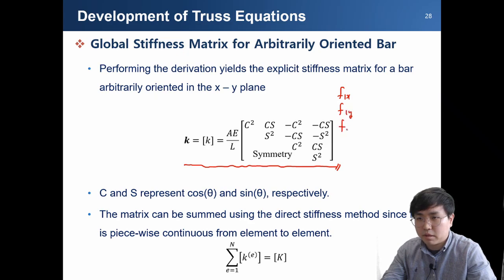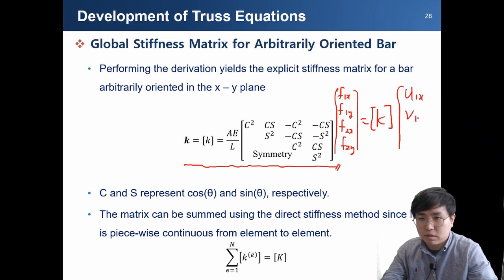Every time I make some mistake. This is a force vector, and here this is a local stiffness matrix, and then the corresponding displacement. So we don't need the x indexes.